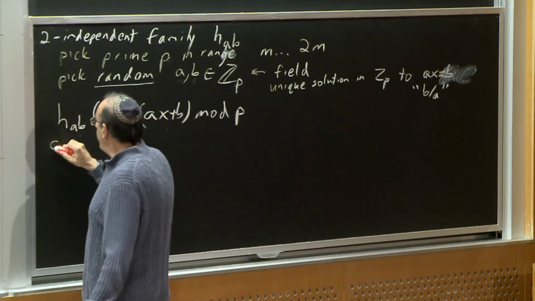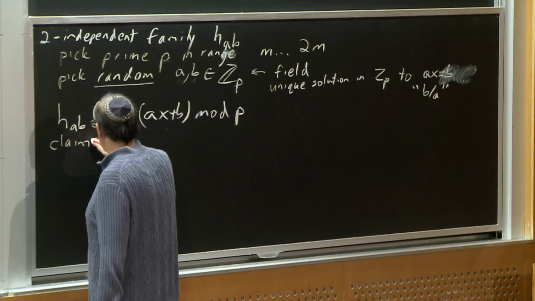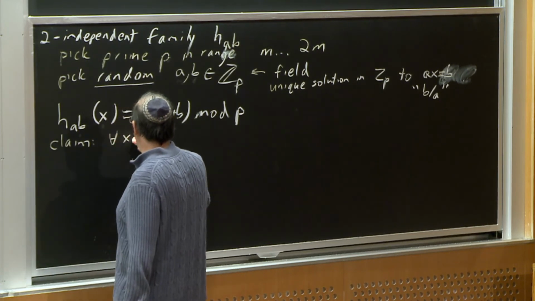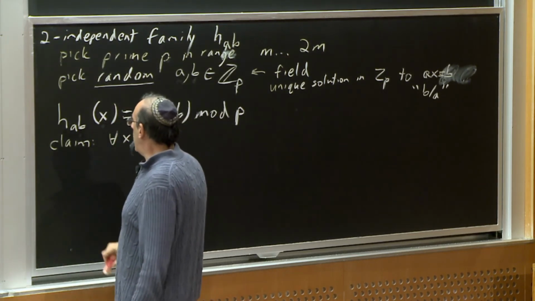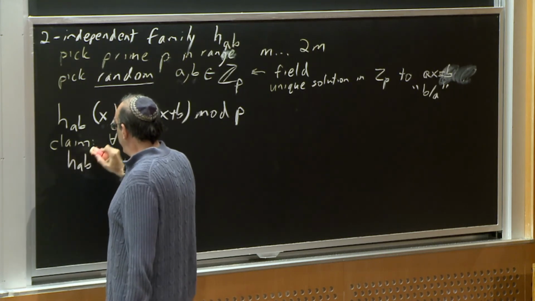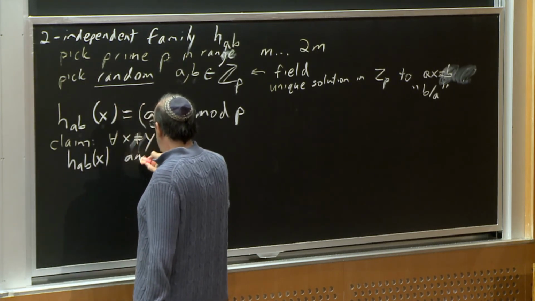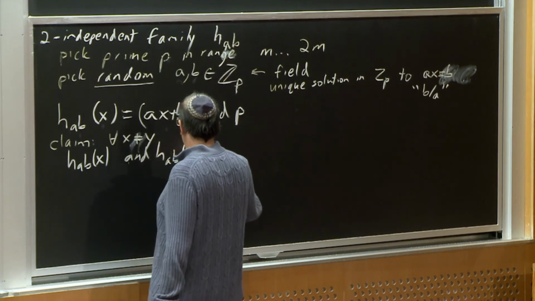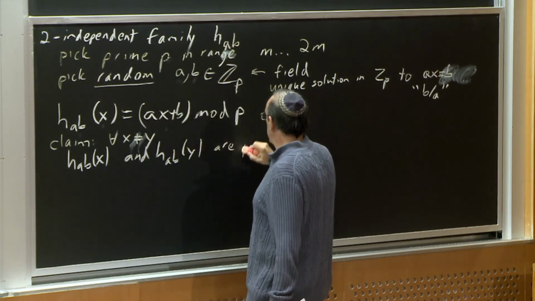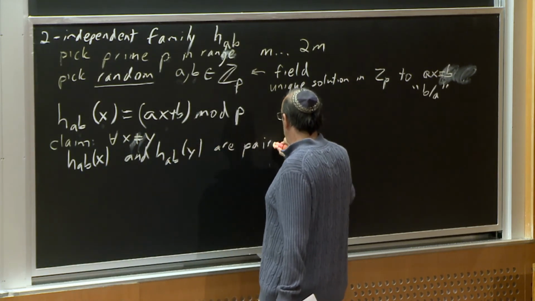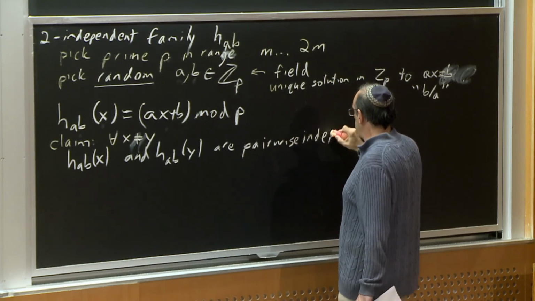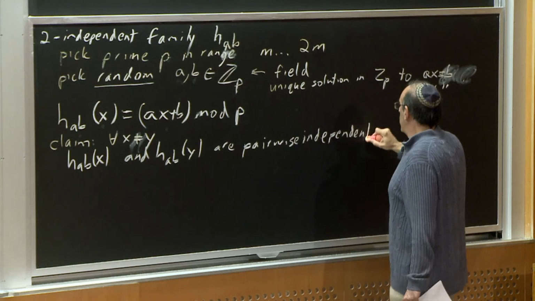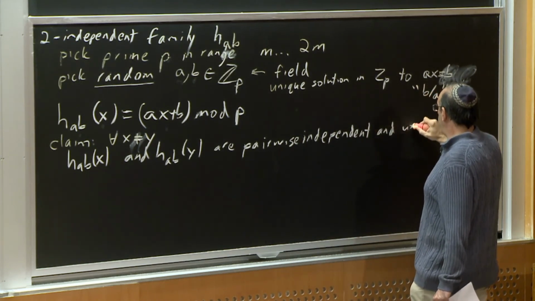Now, my key claim is that for any pair of numbers x not equal to y, HAB of x and HAB of y are pairwise independent and uniformly distributed.